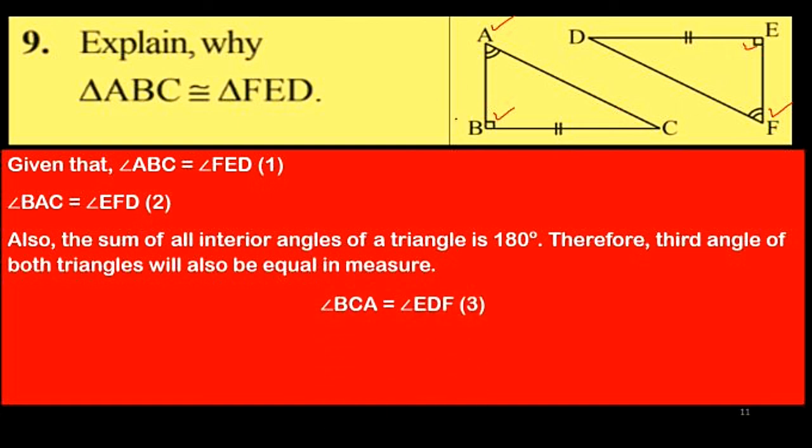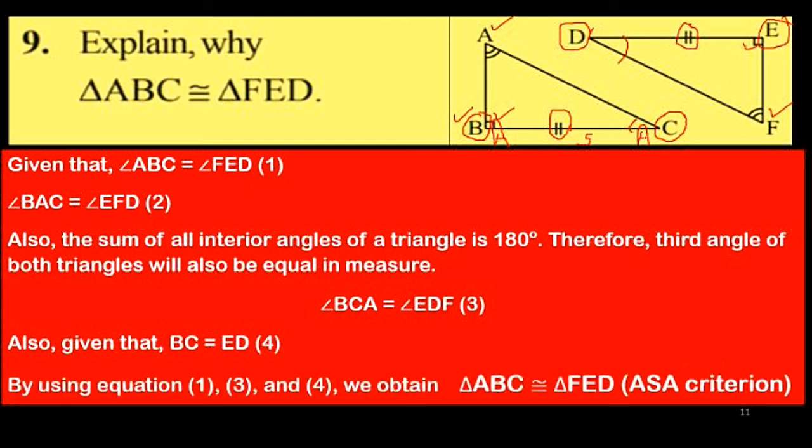Now if angle B is equal to angle E, the side that is equal I will be using for proving the congruency criteria, and now I have proved that BCA, that is this angle, is also equal to EDF. So now if I use these three, angle, side and angle, my two triangles are congruent by ASA congruency criterion.